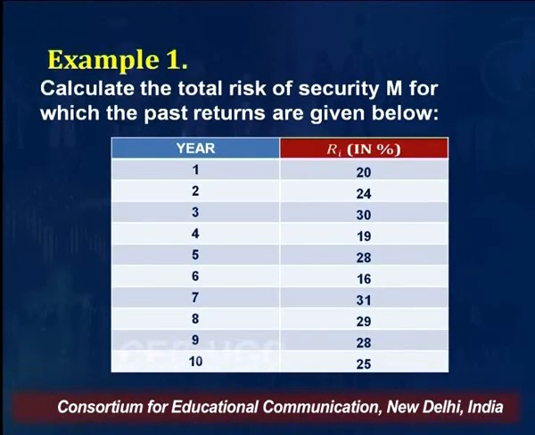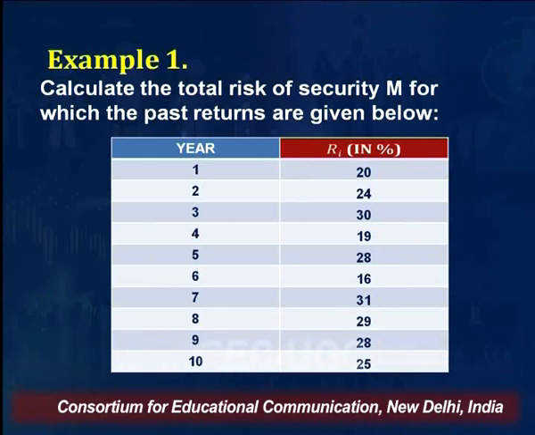By the example we'll see how we calculate the risk and the return, right? Calculate the total risk of the security M, for which the past returns are given below. You have invested in a security and you are given the 10-year expected return.